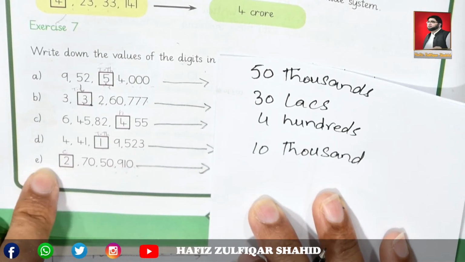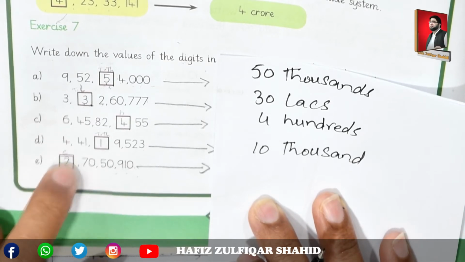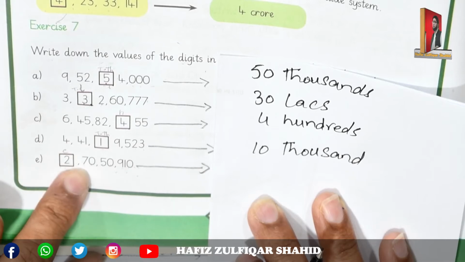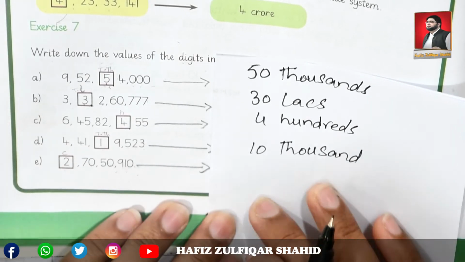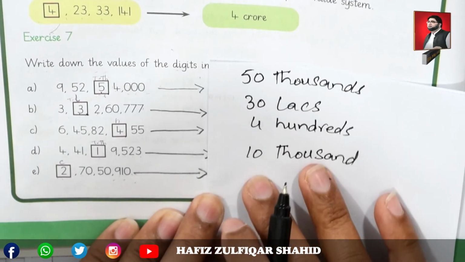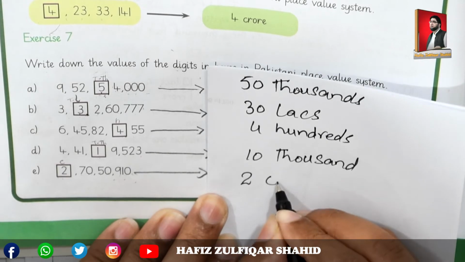Now the last E part, we have an 8 digit number and the box is at the 8th position, so it means it has the value of crore, and we have 2 crore in the box.